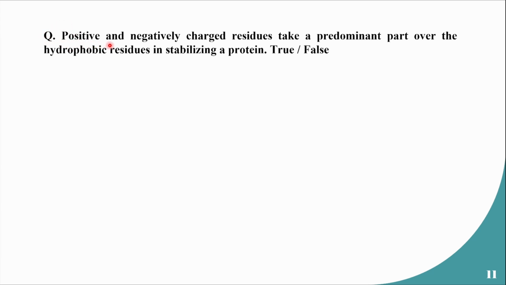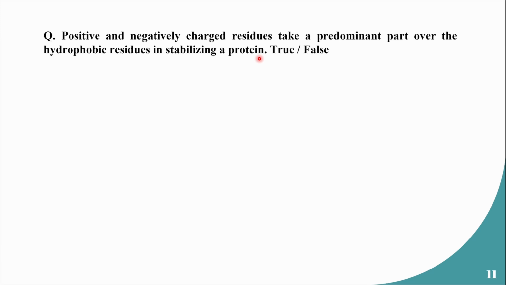So here in this question, it is asking whether positively and negatively charged residues take a predominant part over the hydrophobic residues in stabilizing a protein. In this particular case, stabilizing the protein is talking about the stabilization of the 3D fold.